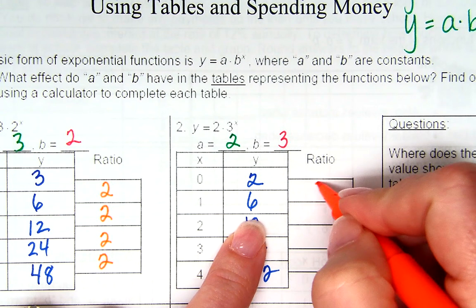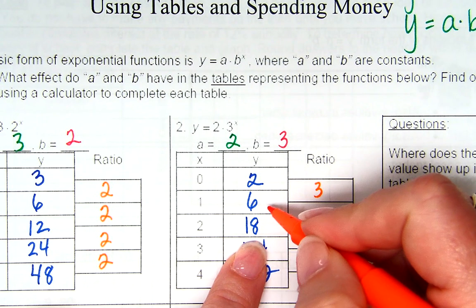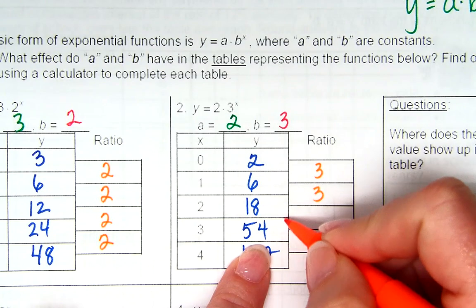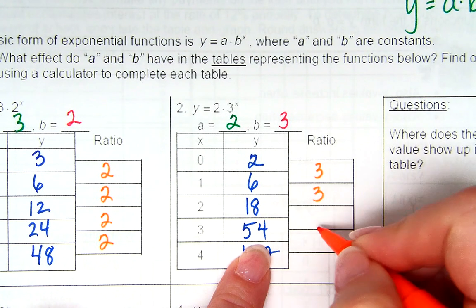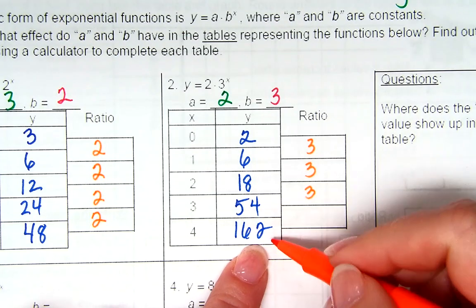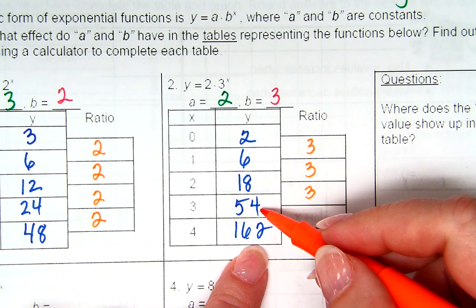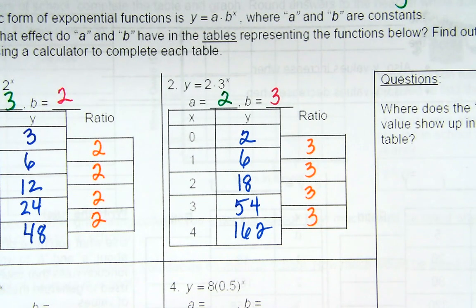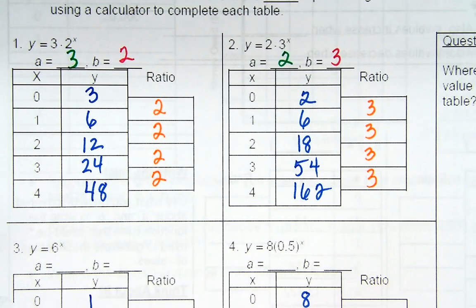What's 18 divided by 6? 3. And 54 divided by 18? Yes. And 162 divided by 54? 3. Okay. So right now we're filling in our blanks and we're in thinking mode, right? We're like, that's interesting, right?